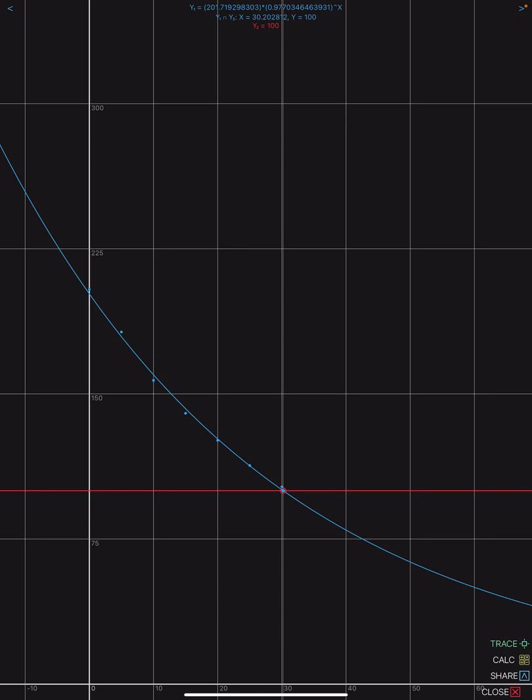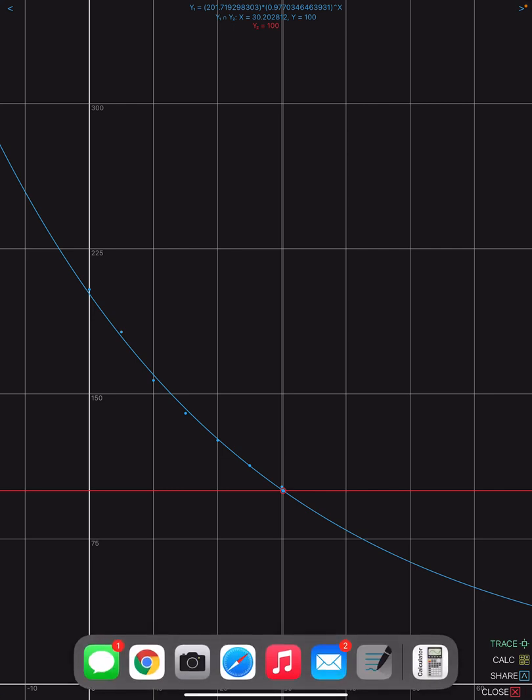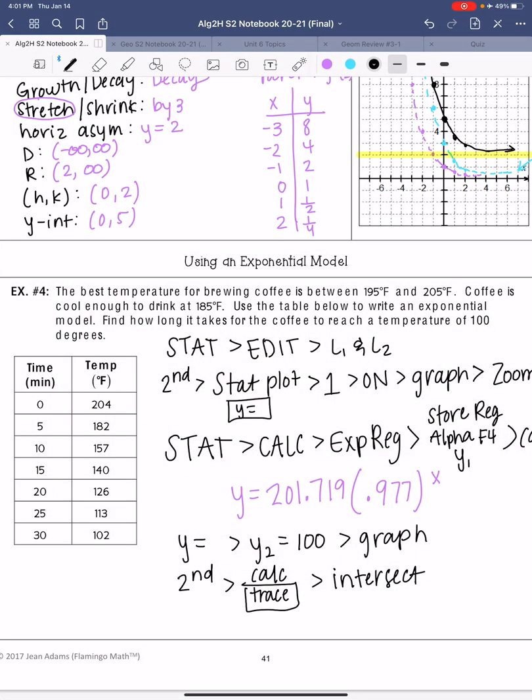So here's our intersection. If you look at the top of my page, it's probably really tiny for you, but it tells me when x is 30.202, y equals 100. Rounding, 30.203. So approximately 30.2 minutes, your coffee will be 100 degrees. So that intersection was 30.203, 100.